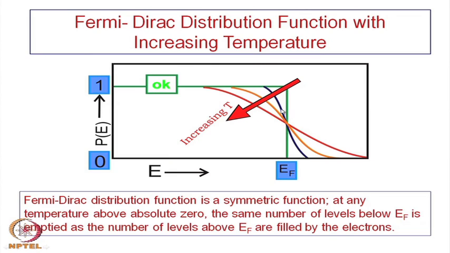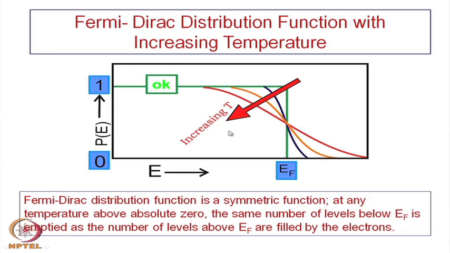This area bound by this curve, and this area bound by this lower portion of the curve, should be equal. So, this area and this area must be equal. Similarly for other curves also. So, exactly the same number of electrons which leave the lower energy level go to the higher energy level. So, the total number is conserved.